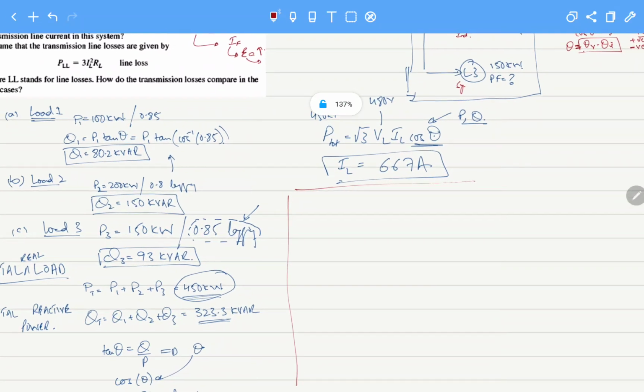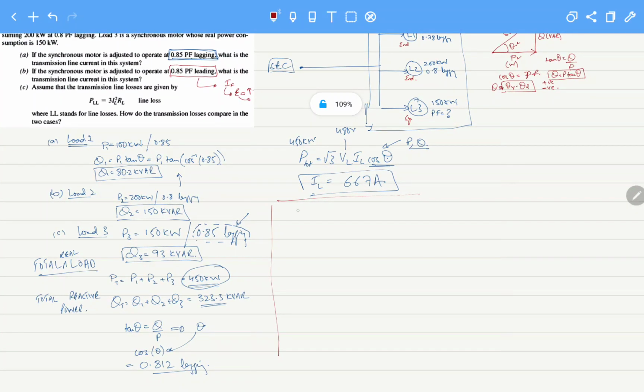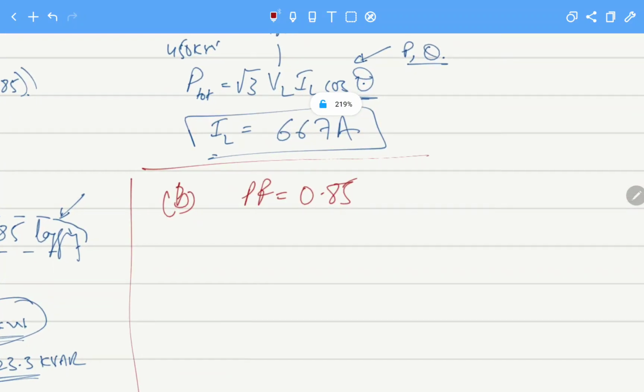So to achieve this, for similar conditions as before, now the synchronous motor power factor is 0.85 leading.